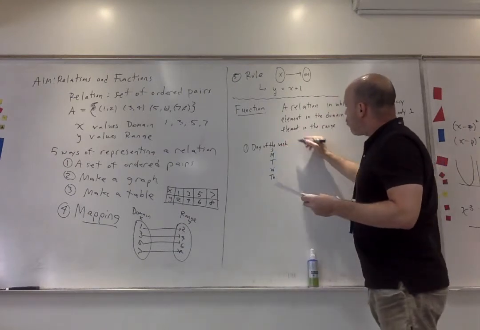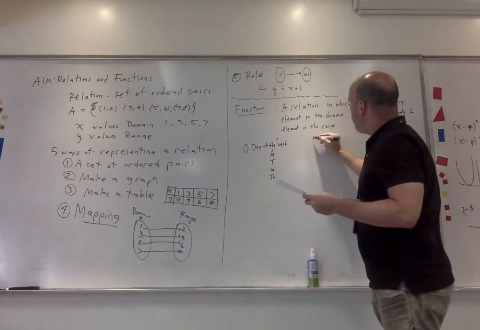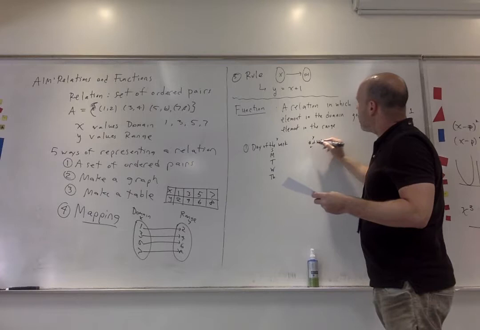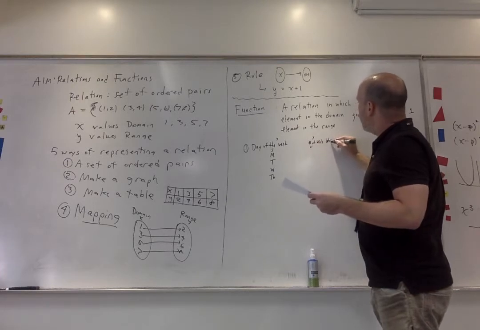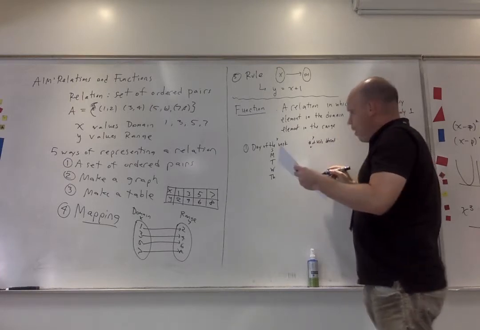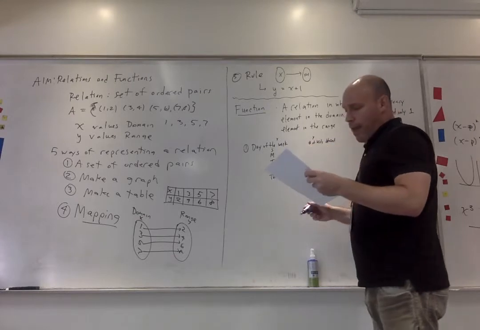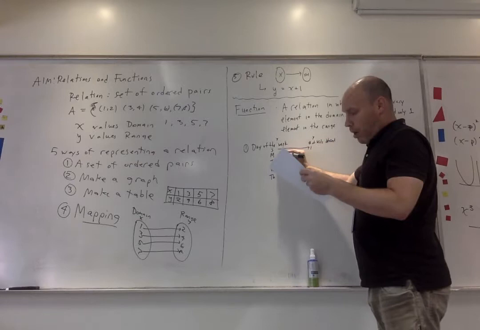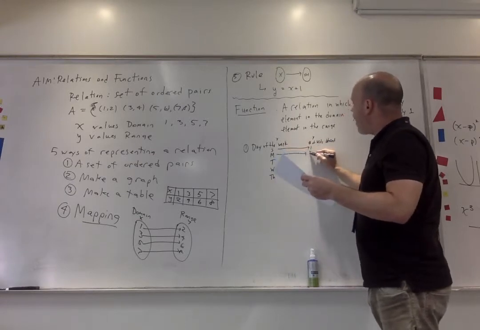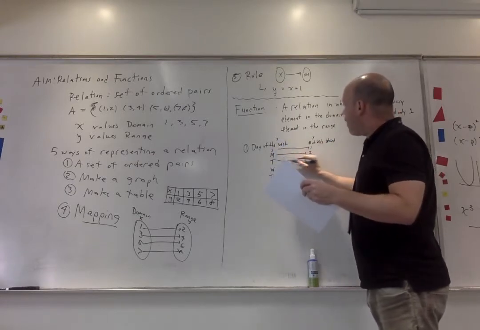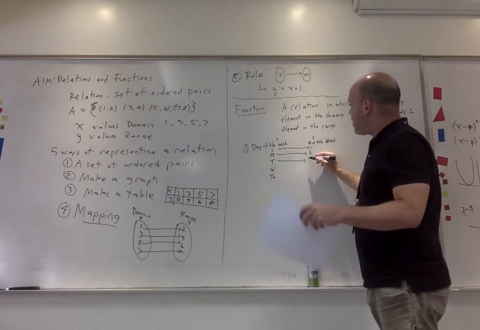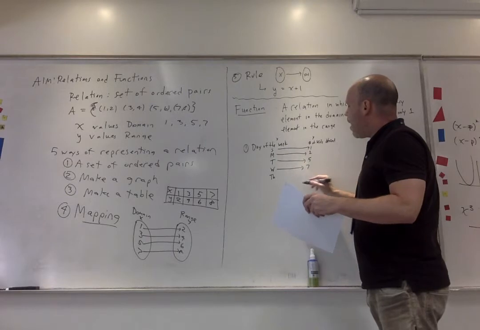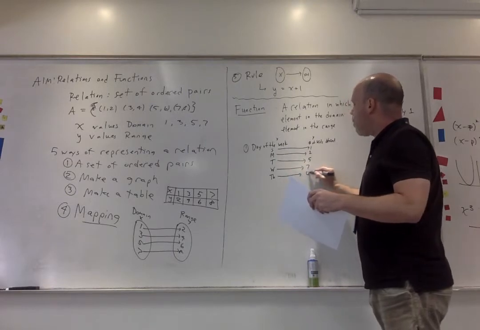And the range is going to be number of kids absent. Right? And I tell you that there's one kid absent on Sunday, 2 kids absent on Monday. There were 5 kids absent on Tuesday, 7 kids absent on Wednesday, and 0 kids absent on Thursday.